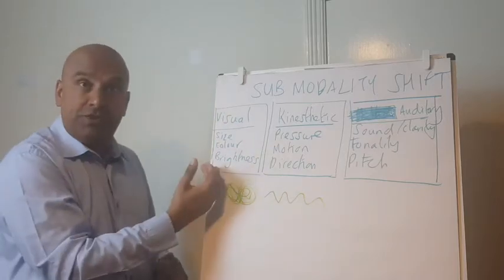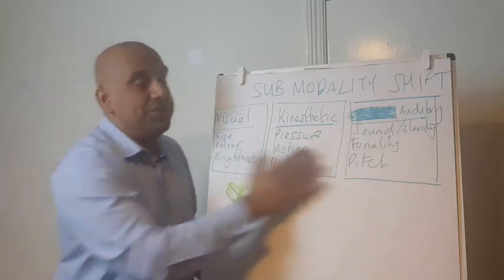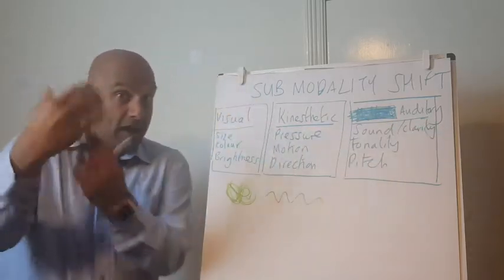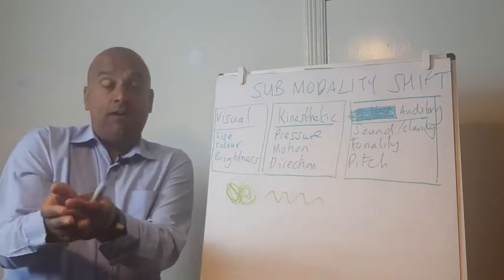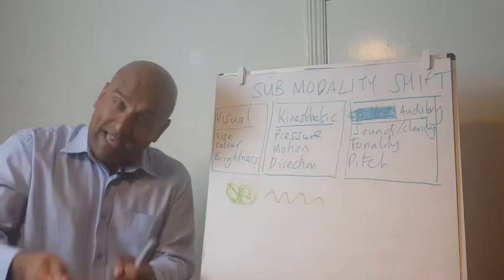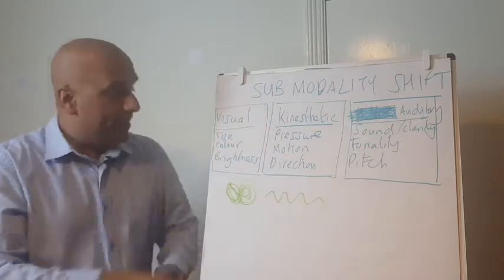For some it could be visual, some could be a mixture between kinesthetic and auditory. Whichever is your dominant modality, that will show up if I ask you here and now to find something that represents what that anxiety looks like, what it feels like for you. Okay?